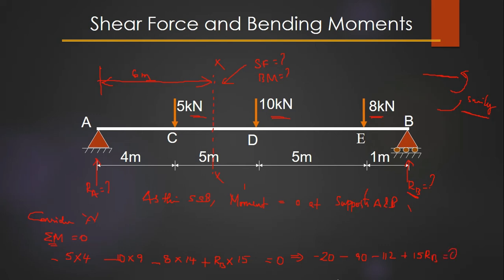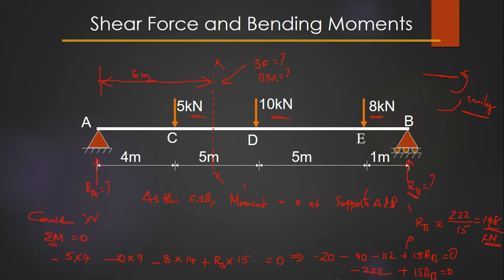And you can add these: 90 plus 20 plus 112 gives 222, so minus 222 plus 15 RB equals 0. On solving, you get RB equals 222 by 15, which is something like 14.8 kilonewton. So this is how you find out RB.